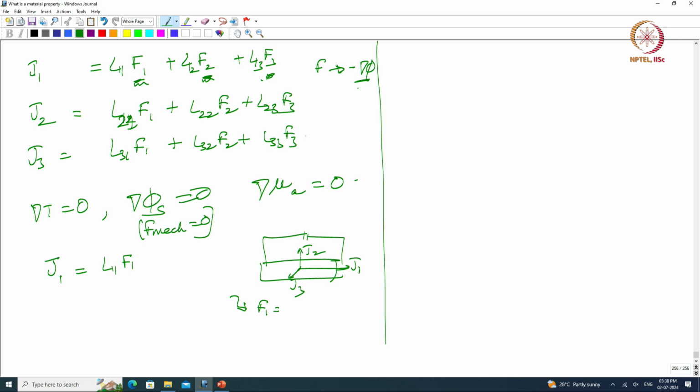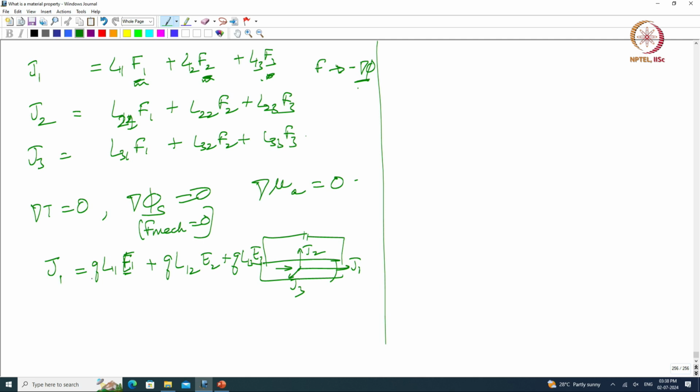So if I apply a battery like this, the electric field in direction 1, that is Q times E1, plus QL12 times E2 plus QL13 times E3.